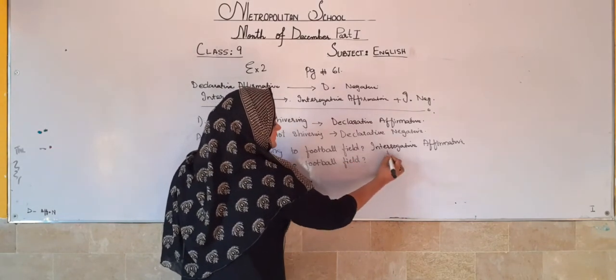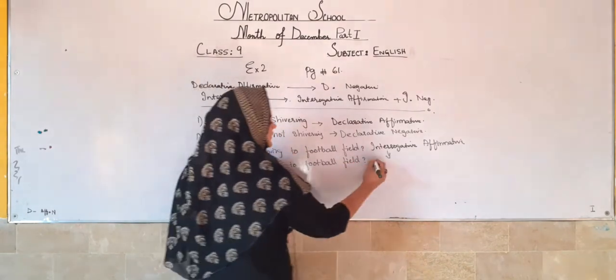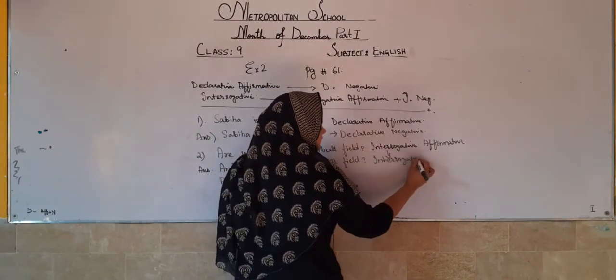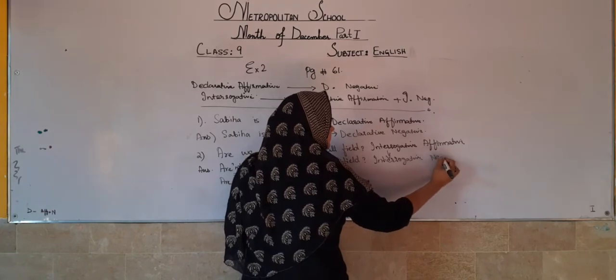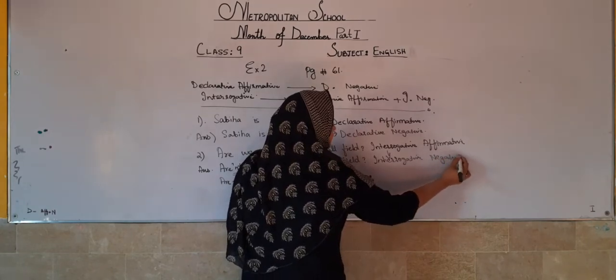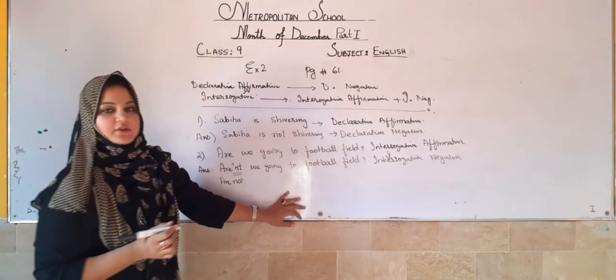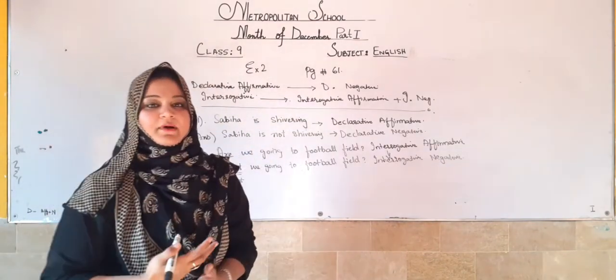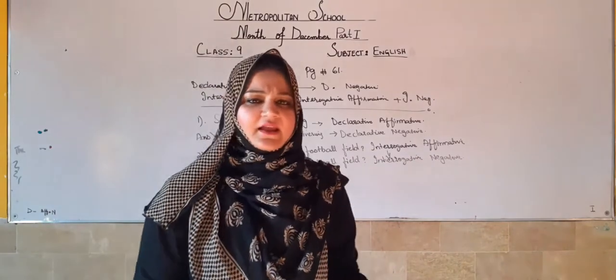Question mark. Now this sentence has been changed into interrogative negative. Okay, I have done 2 for you on the board and you have to do the rest of 5 in your notebook by yourself. I hope you will do it very easily.